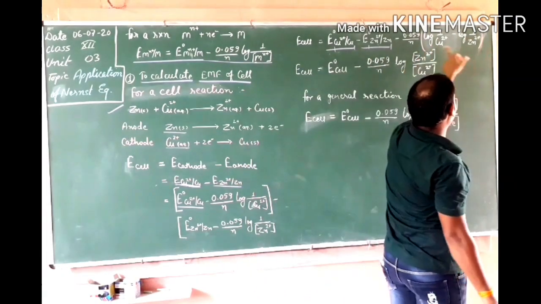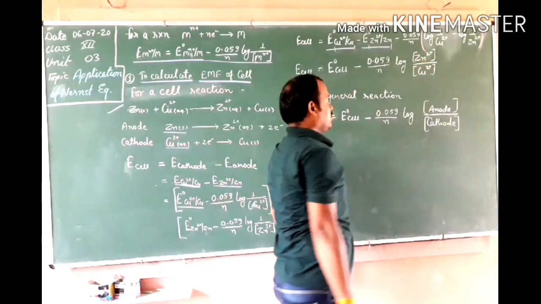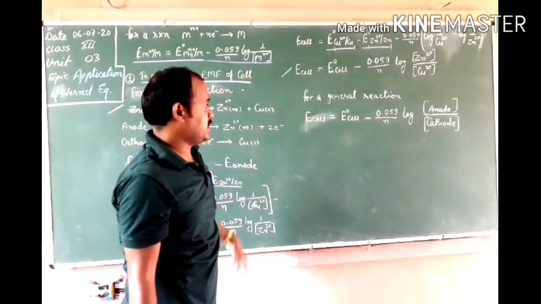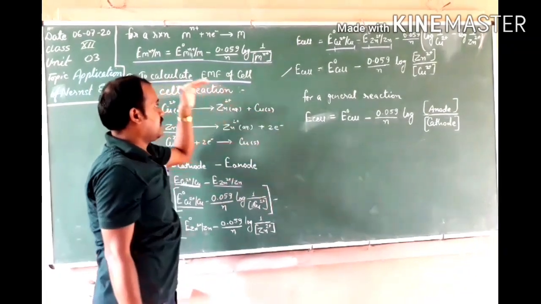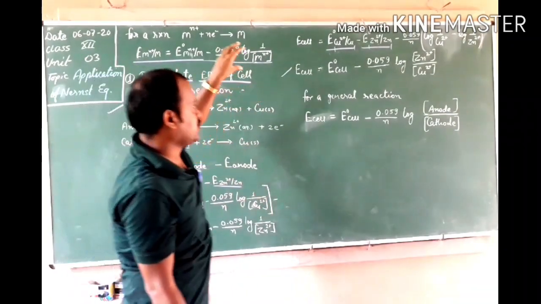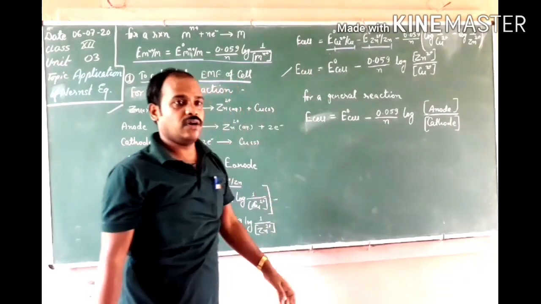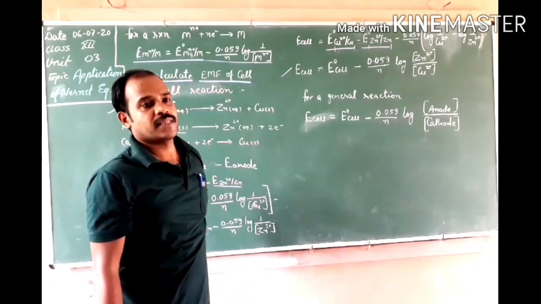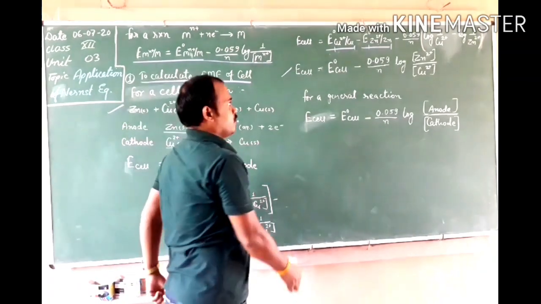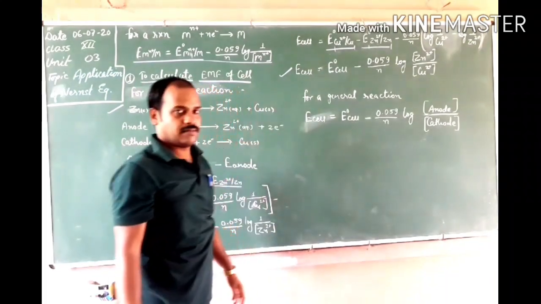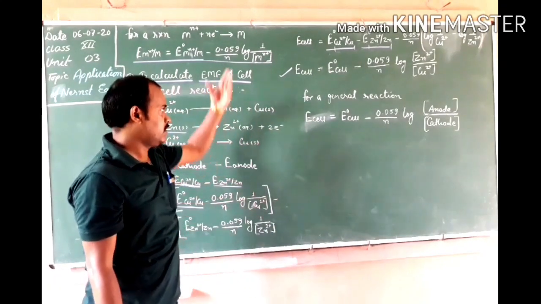Now you solve it, then you will find Zn2+ by Cu2+. So this is an equation for the complete cell. By using this equation, we can calculate the electrode potential of the cell, or simply the EMF, electromotive force. This was an example of a Daniell cell we have solved here.